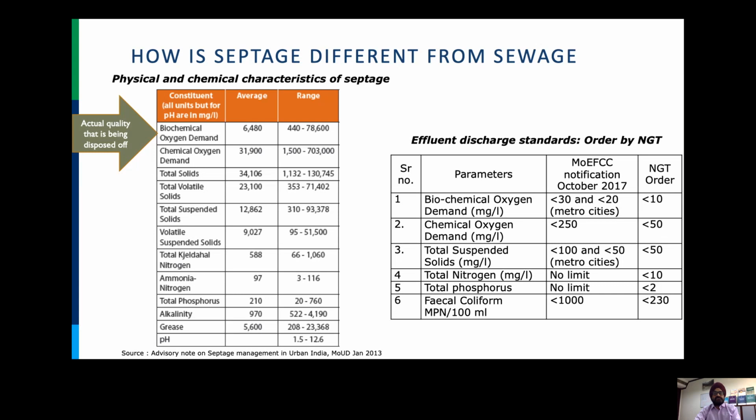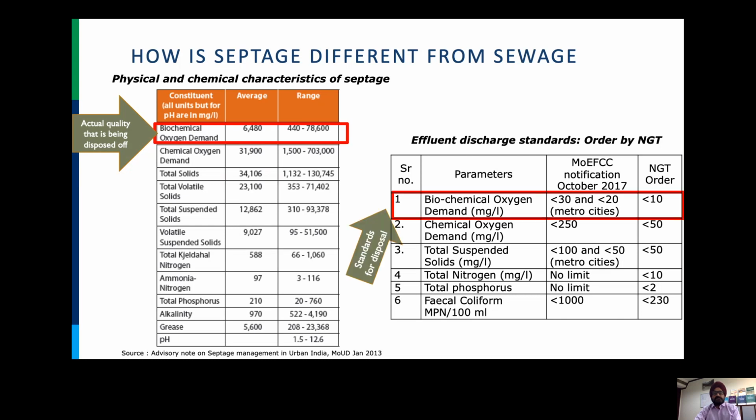So normally our treatment systems are designed on the BOD, biochemical oxygen demand characteristic. And the BOD can range in septage from 400 to 78,000, depending on the concentration of the septage. The standards for disposal or treatment are on the right side.